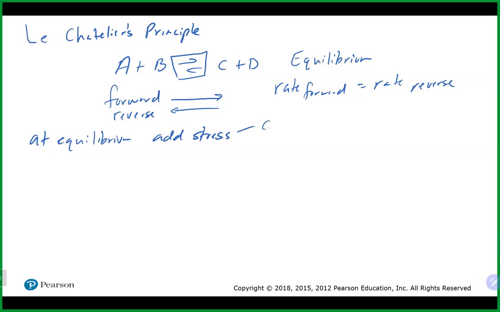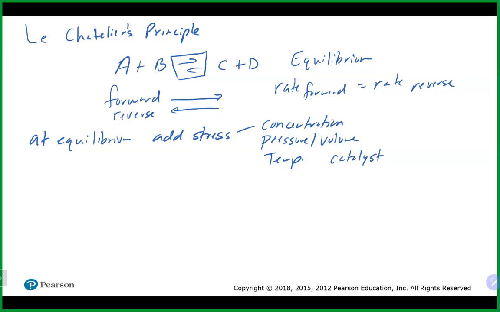A stress can be concentration, pressure or volume, temperature, or a catalyst. You do something to the system that's going back and forth at the same rate, and you screw it up. But the system itself wants to get back to the state of going back and forth at the exact same rate and reach equilibrium again.